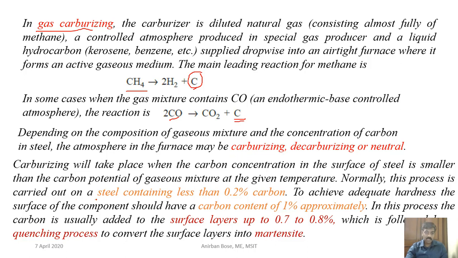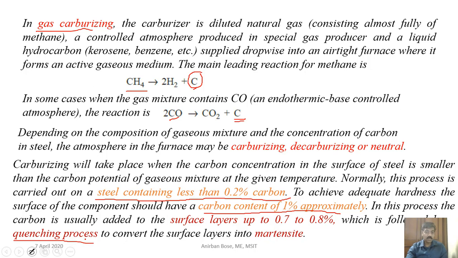Case means the depth up to which hardness will be maintained. This process is generally done on steel containing less than 0.2% carbon, and the carbon can be increased up to approximately 1%. This is followed by a quenching process, in the case of gas carburization or solid carburization, whatever that may be.